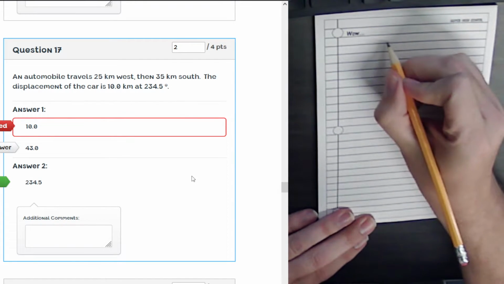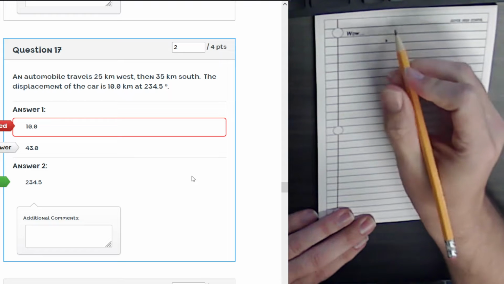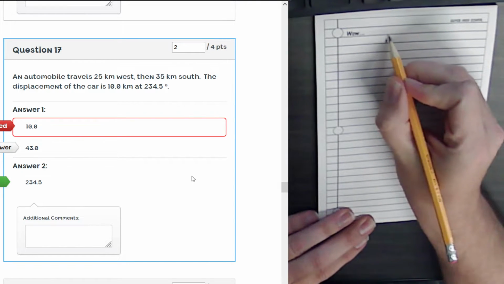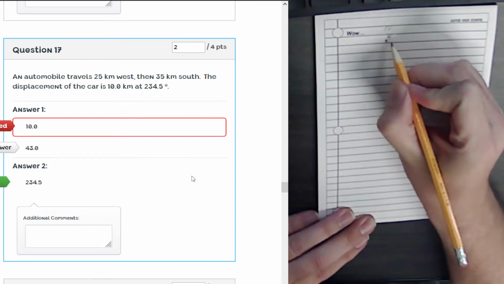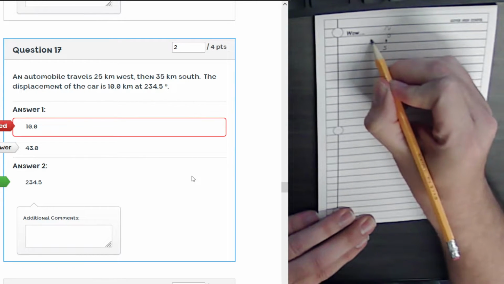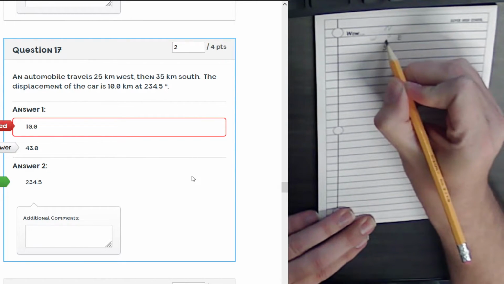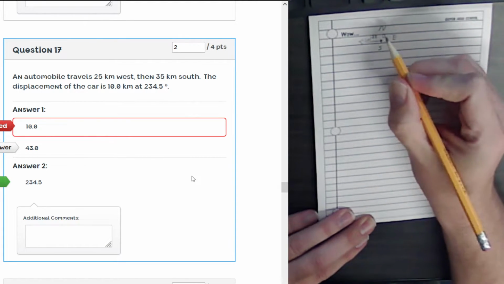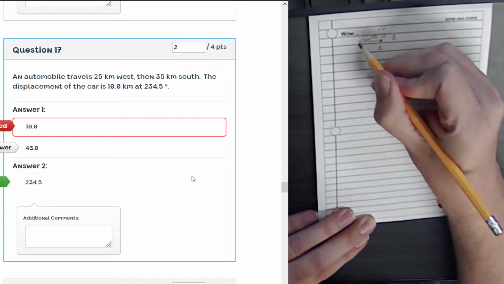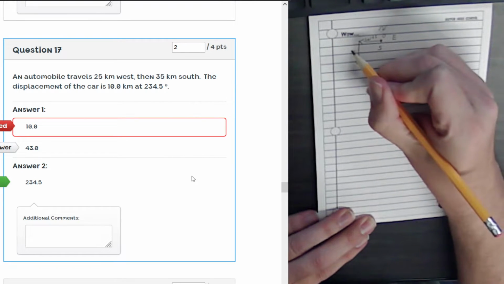So, if we put this here and say, okay, this is our origin, right? It says it travels 25 kilometers west. Remember, north, south, west, and east, right? So it's going to go 25 kilometers west, so 25, and then 35 kilometers south.